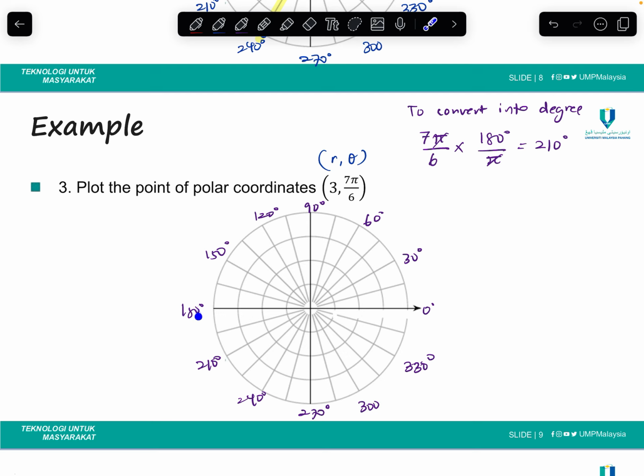Where is 210? 210 is here, so we can mark this line. Then we look at the r value. R is 3. So let's label the rings. The first ring represents 1 unit, the second ring 2 units, and so on. So r equal to 3 means the distance from the pole is 1, 2, 3. So this is the point.